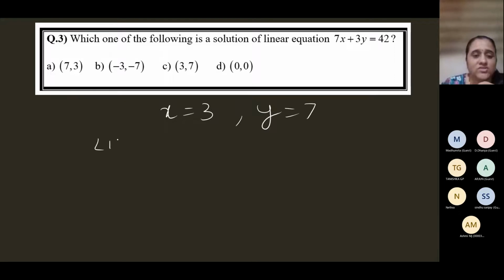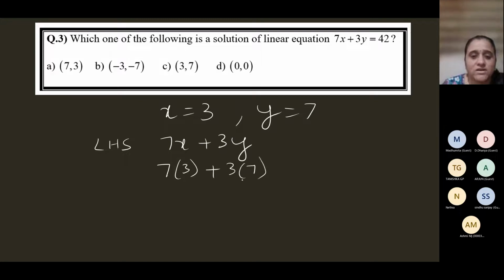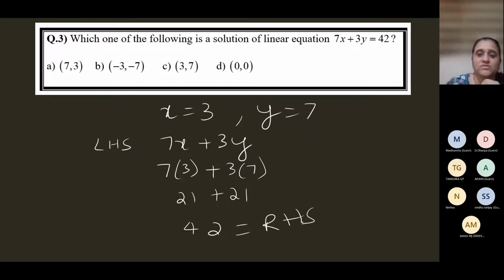Let's take the LHS of the given equation, 7x plus 3y. So 7 into 3 plus 3 into 7, 21 plus 21, 42. And the RHS is also 42. So LHS is equal to the RHS. So the point 3 comma 7 satisfies the given equation, so 3 comma 7 is a solution of the given equation.